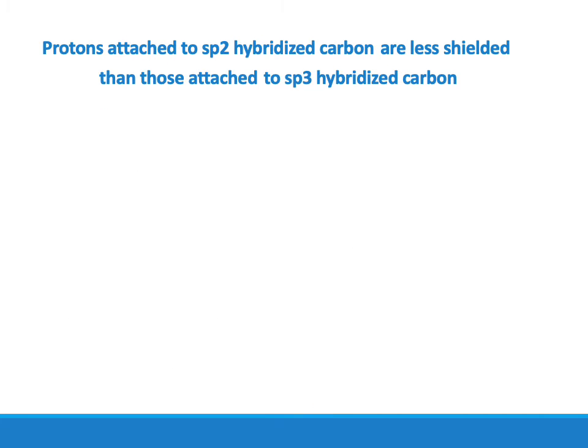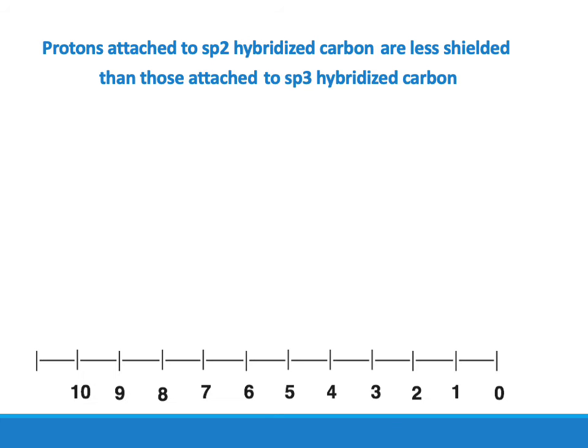Protons attached to sp2 hybridized carbon are less shielded than those attached to sp3 hybridized carbon. That's why we have such a difference in the previous example.